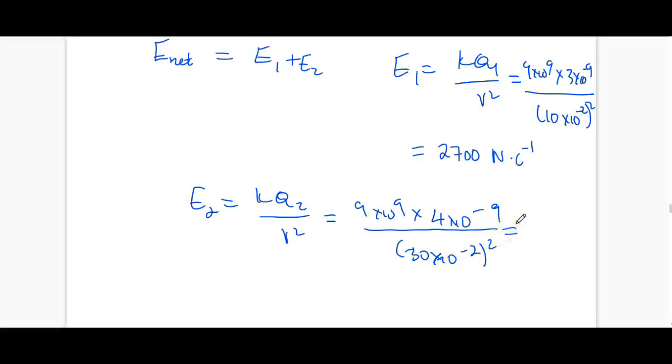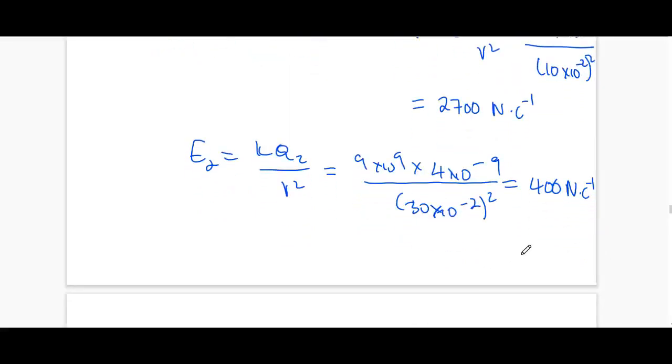So the magnitude of the electric field there is 400 newtons per coulomb.